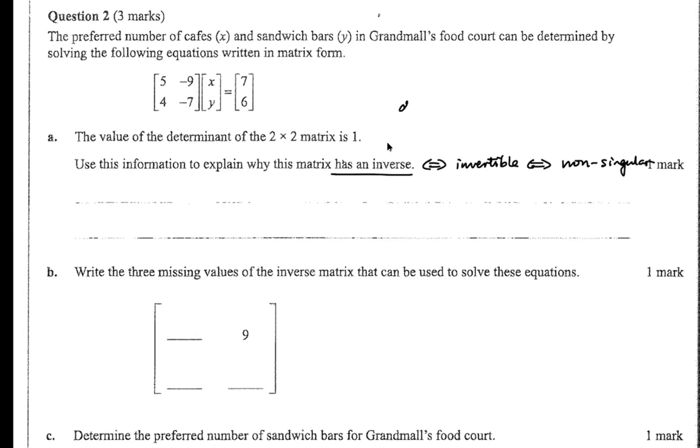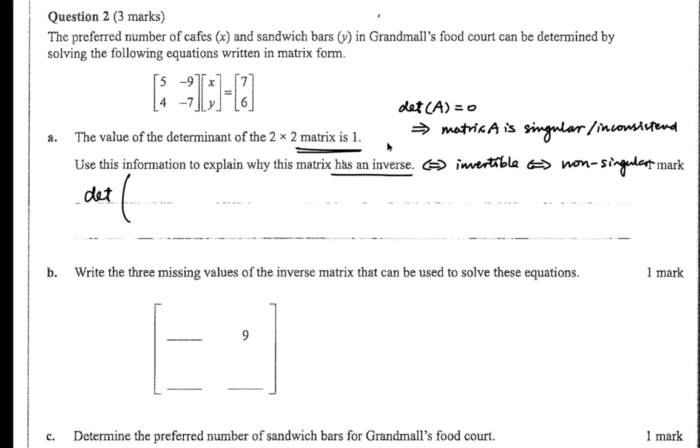If the determinant of any matrix is 0, that means matrix A is singular or inconsistent, or not invertible. Refer to this bit, okay? That 5 times 9 minus 4 times 7 is 1, which is not equal to 0.